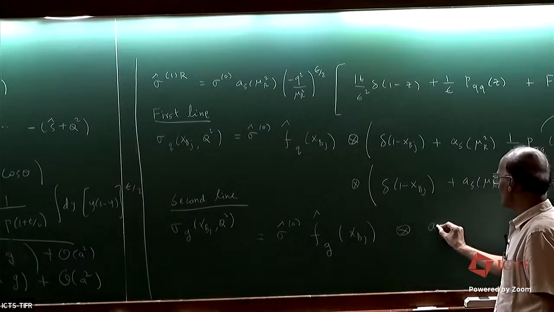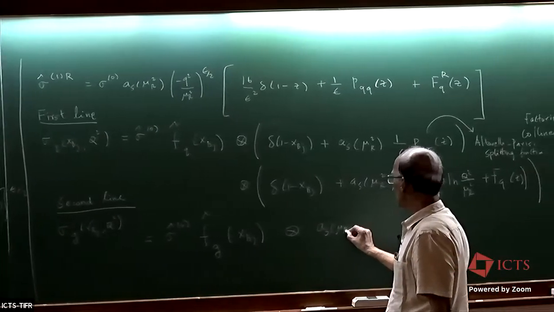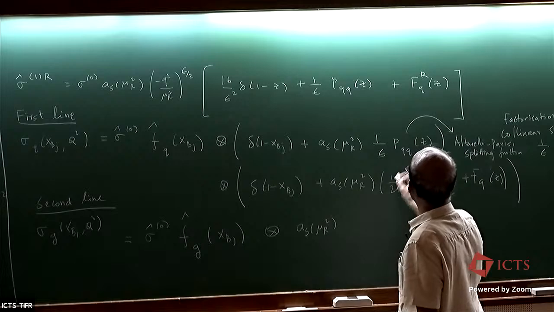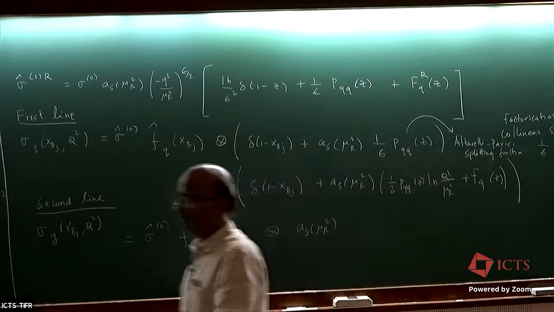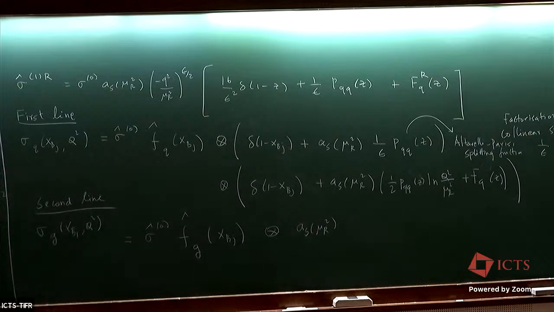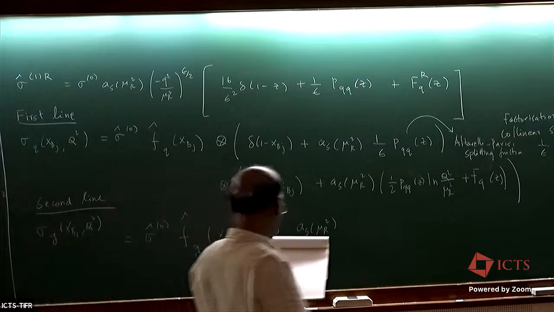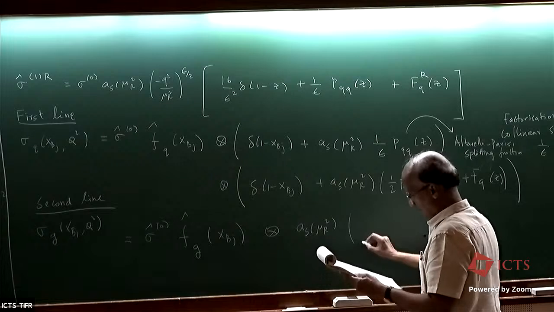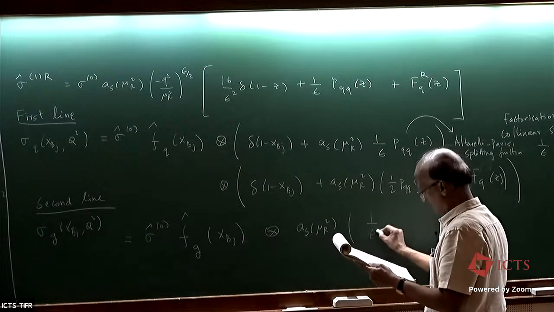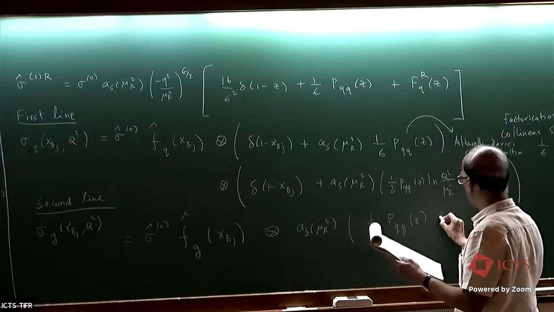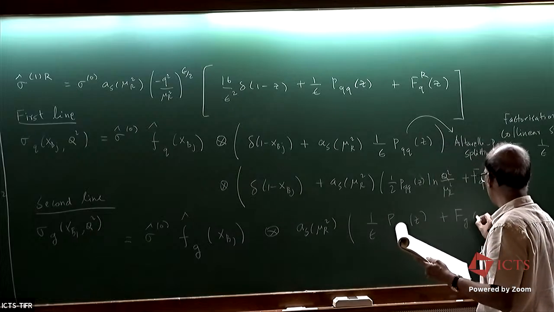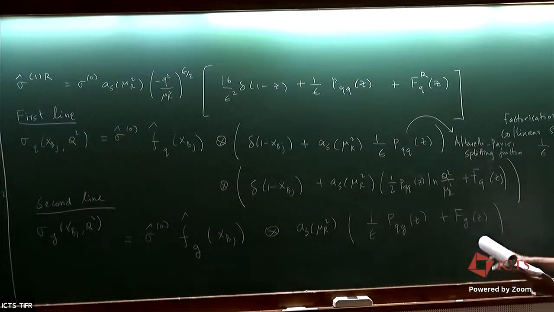It will be proportional to alpha s of mu r squared because it starts at order alpha s, and then you have a convolution times this 1 by epsilon times P_qg, which is another splitting function that appears here, plus F_g of z. F_g is some calculable function.